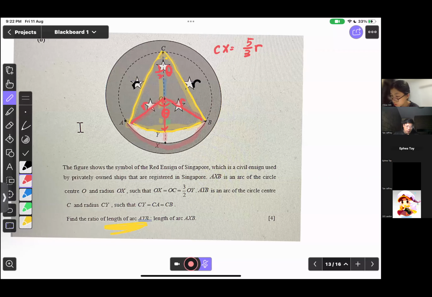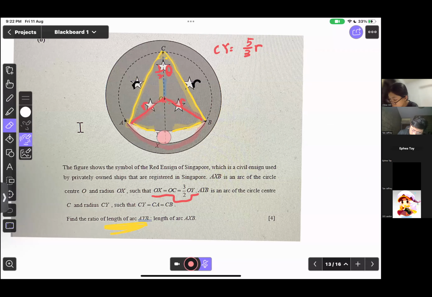Wait, I am trying to comprehend the question. CY is... this one is R, right? So this whole thing is R, so can I say that OX is R?